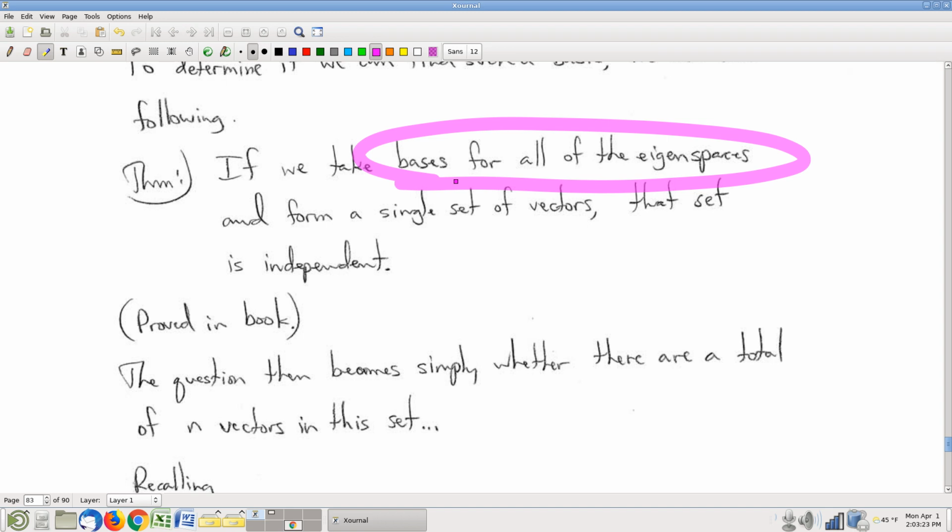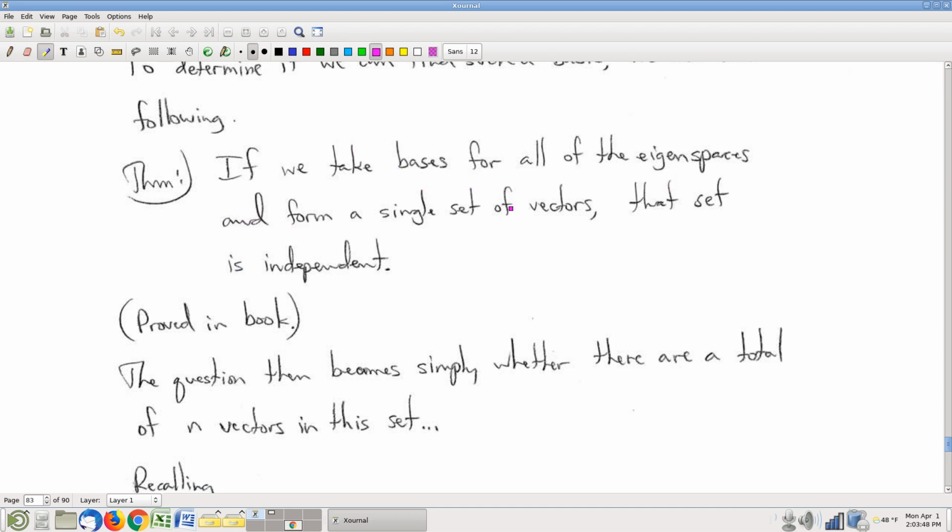Does it follow that the resulting collection of all eigenvectors is independent? It's just a matter of working it out. It turns out the answer is yes. If you want to see that proof, it's in the book. It's not something that I think you necessarily need to worry about. It's just a bunch of details. But anyway, acknowledged and not a problem.